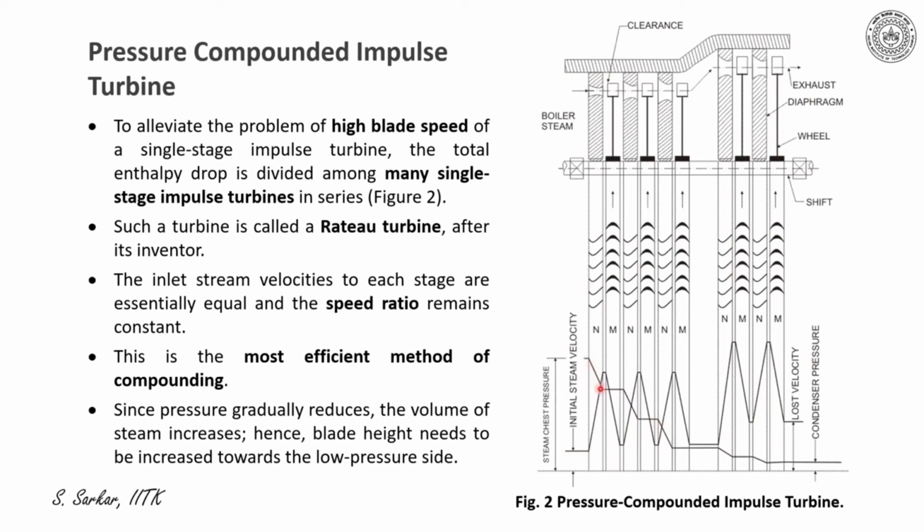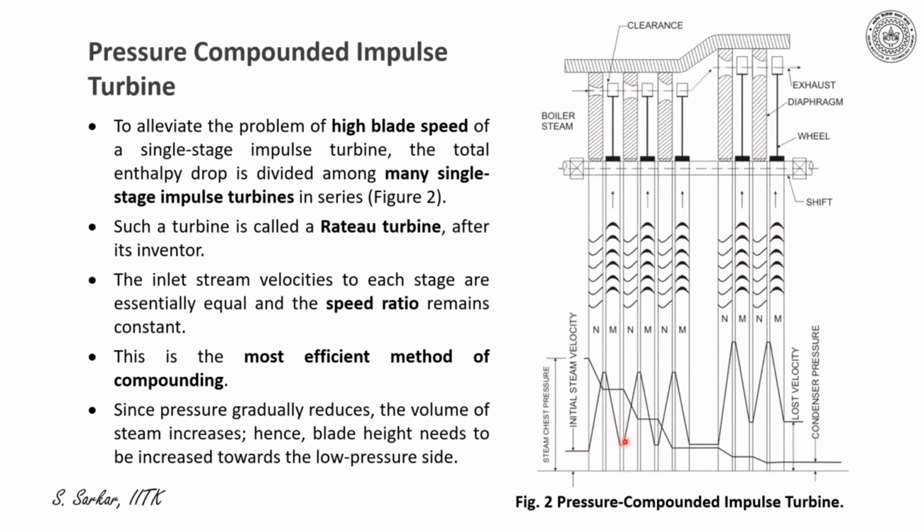The pressure decreases in the nozzle, then it is the same in the rotor, then again decreases in the nozzle, is the same in the rotor, and again decreases and remains the same. And if you see the steam velocity, it increases in the nozzle, then again decreases in the rotor.